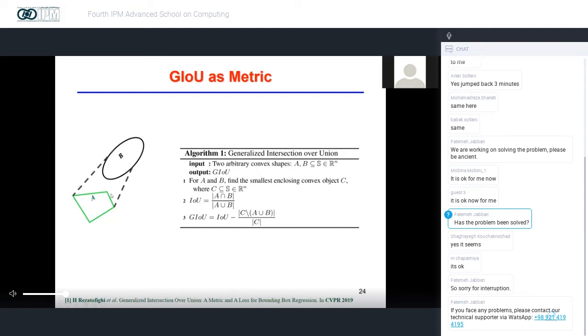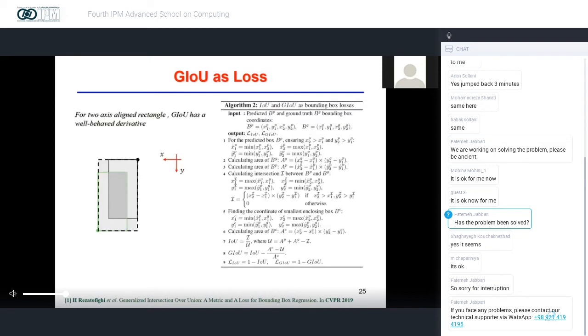It means if two shapes become closer and closer to each other, this empty area becomes smaller and smaller. If the two shapes overlap, this value completely washes away. And that was a really easy extension to the intersection over union. But we later showed that if we have two bounding boxes, we can have an analytical way to calculate intersection over union and generalized intersection over union.